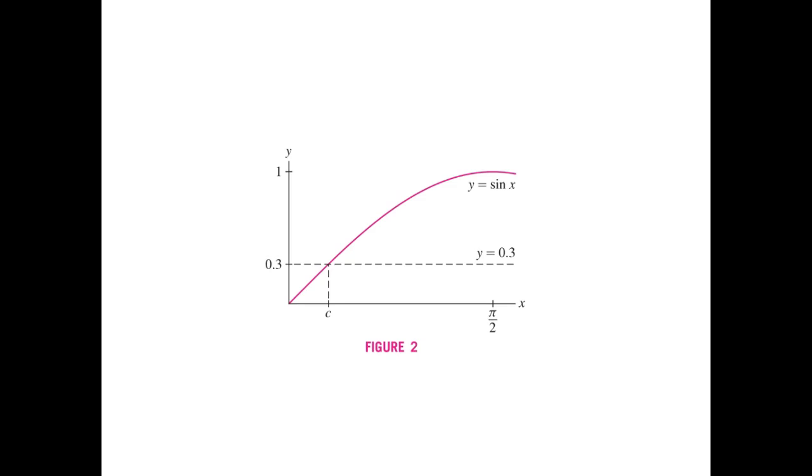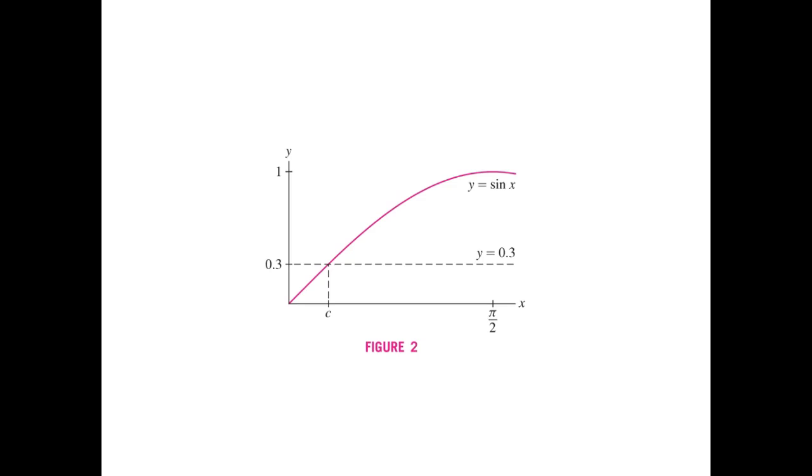We could have done something bigger, like 0 to 2 pi or minus pi to pi, because we know those are one complete period of sine. They happen to choose something smaller, which is fine, between 0 and pi halves.